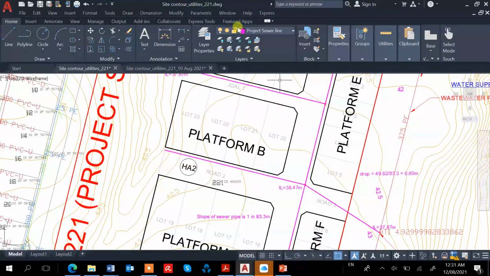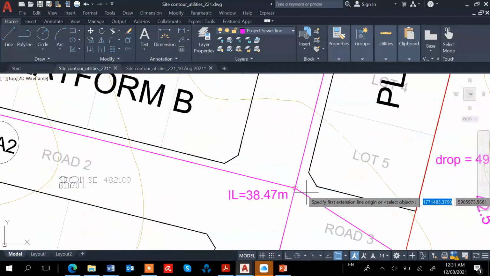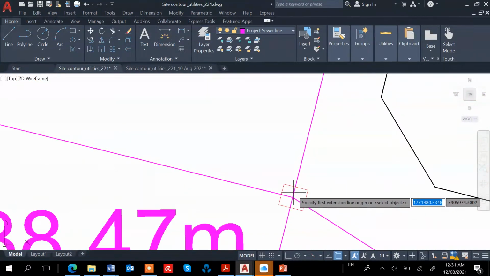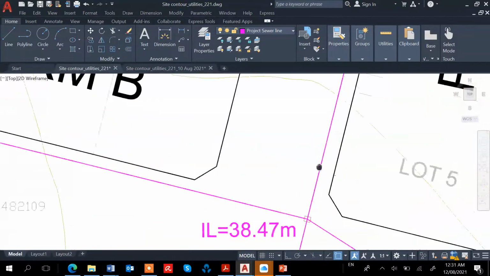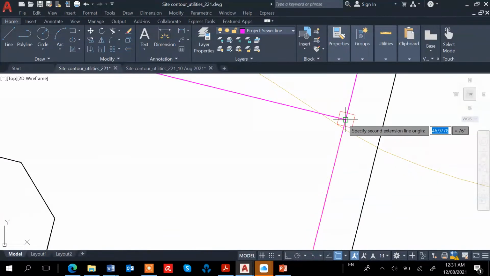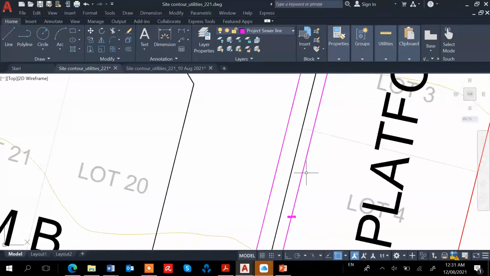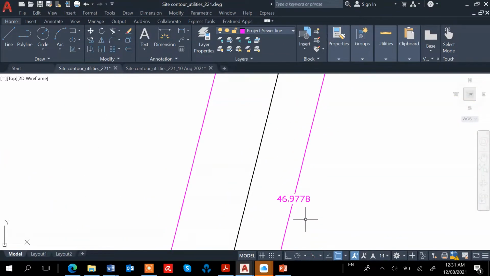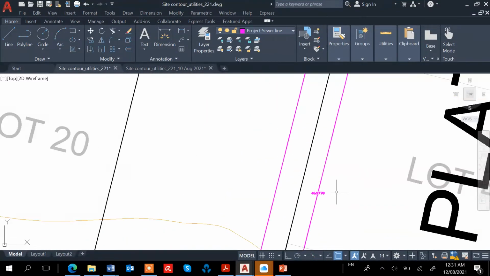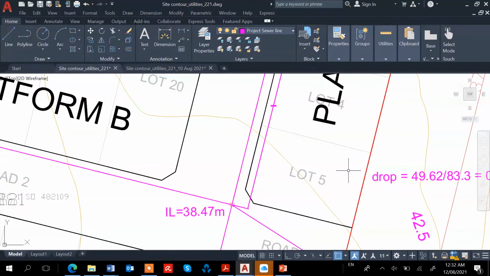So we need to find the distance from this point to this point here. What is the distance? 46.97, let's say 46.98.